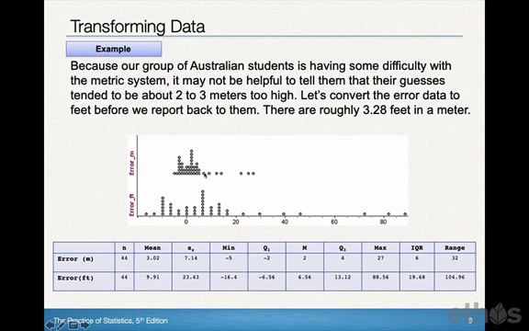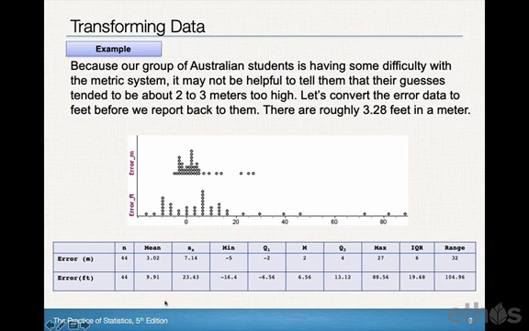They took the error and they multiplied it by 3.28 to get it in feet. You see how it was stretched out much farther? That means the spread is wider by a multiple of 3.28. So the range, the max value minus the min value, times 3.28 is how wide this data set is now. But notice the shape is the same. It's just got a much longer tail, but it's the same proportionally to the range.